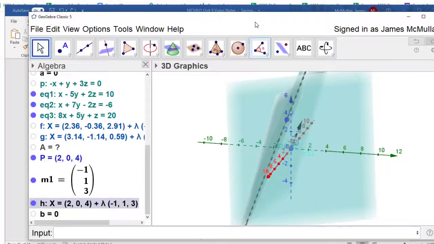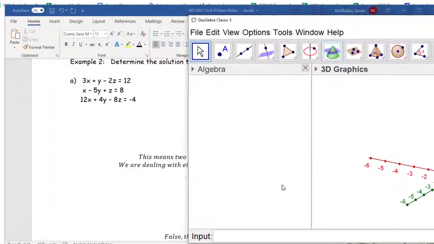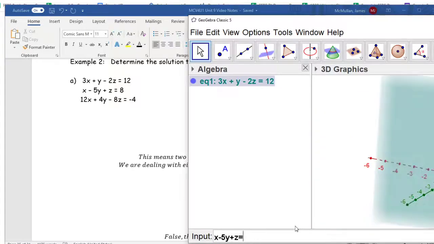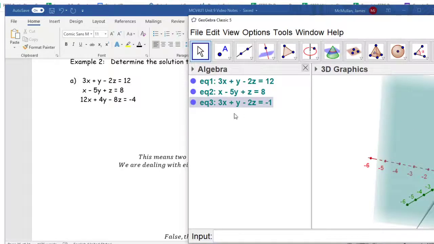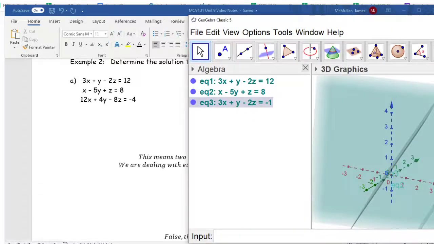Okay, let's draw it again to confirm our mathematics. So 3x plus y minus 2z equals 12. x minus 5y plus z equals 8. 12x plus 4y minus 8z equals negative 4. And again, I think this was probably easier when we used colors.